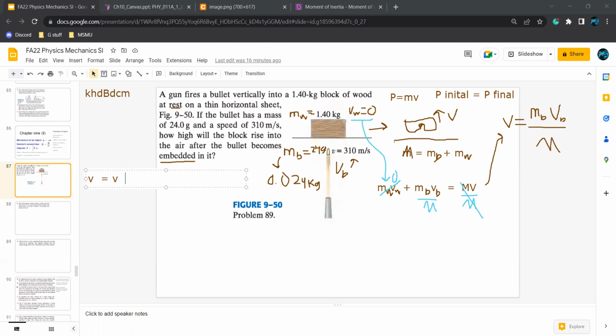Oh, no. We're not doing any of that. Oh my gosh. We're using V is equal to delta Y over delta T, I think. Oh, never mind. I was trying to make this simple.